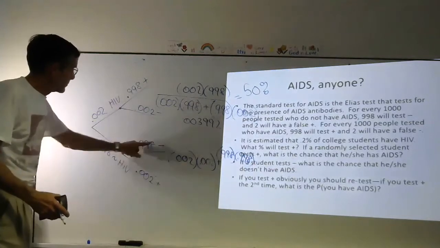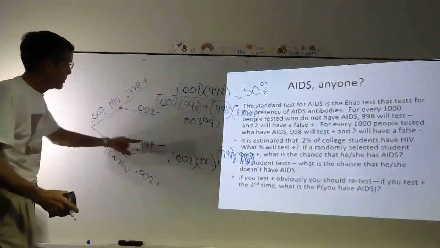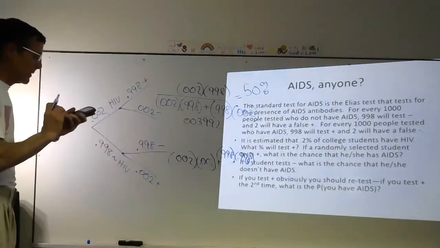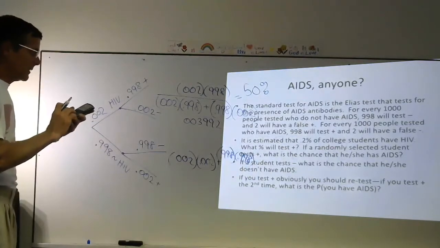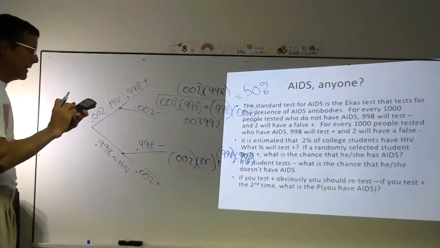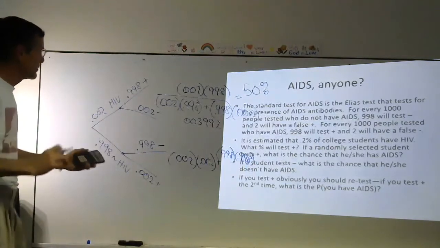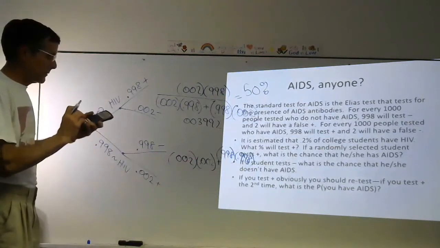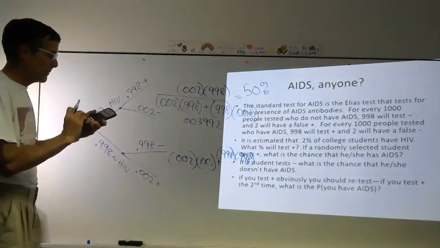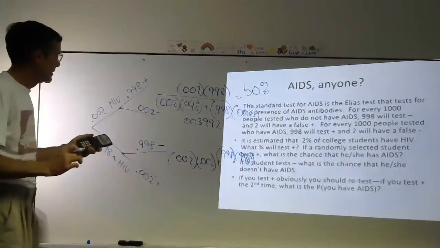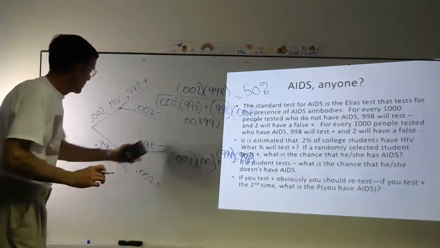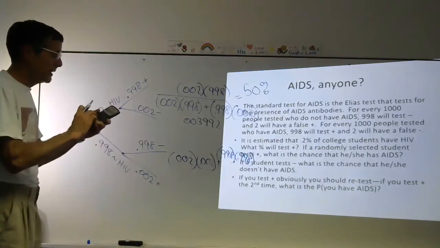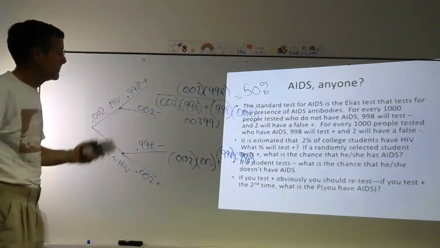So this right here would go on the top, right? This branch will go on the top, 0.998 times 0.998 equals, divided by parentheses. This is what goes on the bottom, and it is 0.002 times 0.002 plus, and then this part where they test negative, 0.998 times 0.998, close your parentheses.